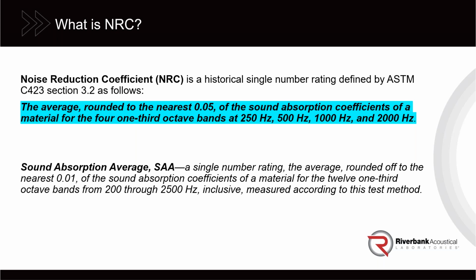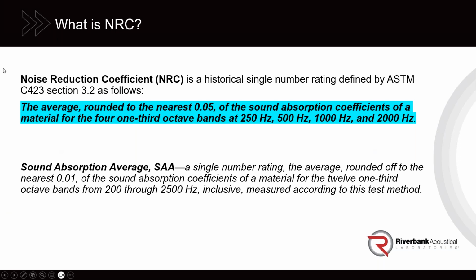You could have materials that test at a 0.001 or 1,000th sound absorption coefficient difference. But because they fall right on both sides of that rounding, it'll expand that difference to 0.05. So you get 0.65 rather than 0.70. So there is a newer classification called the sound absorption average, which was introduced by ASTM a number of years ago.